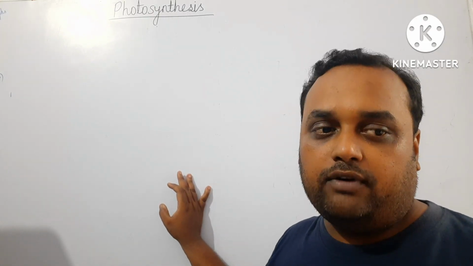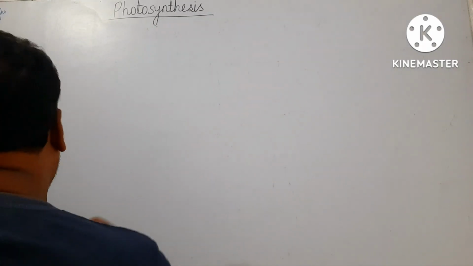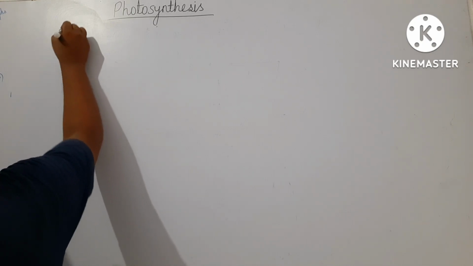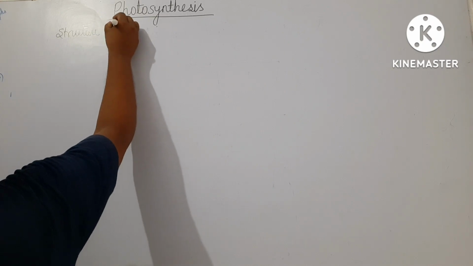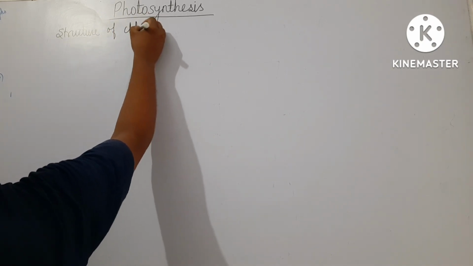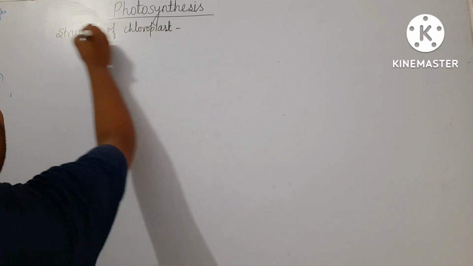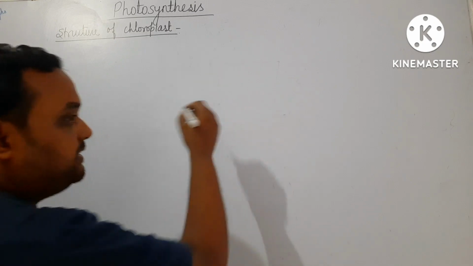And the third one is grana as well as thylakoid. So here you can make the diagram of the structure of chloroplast.